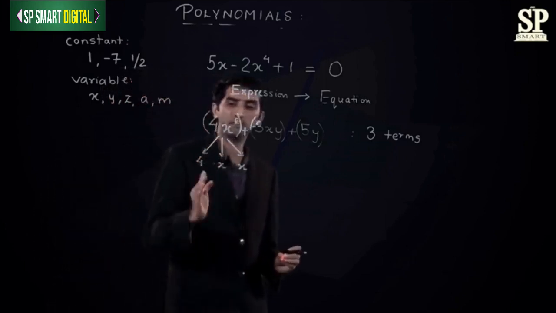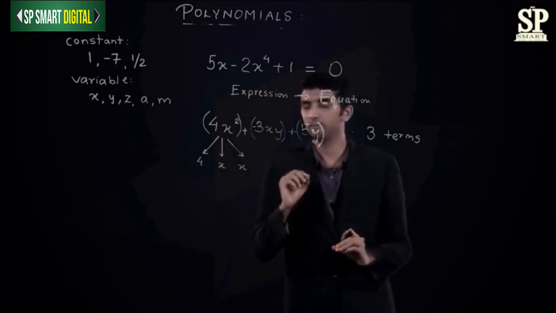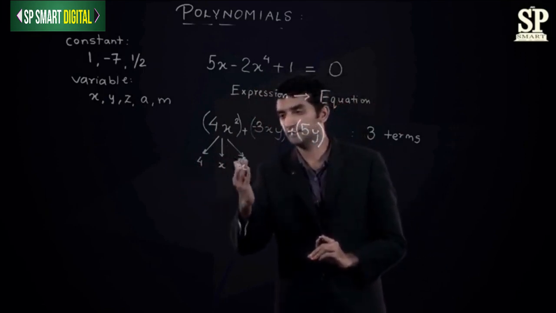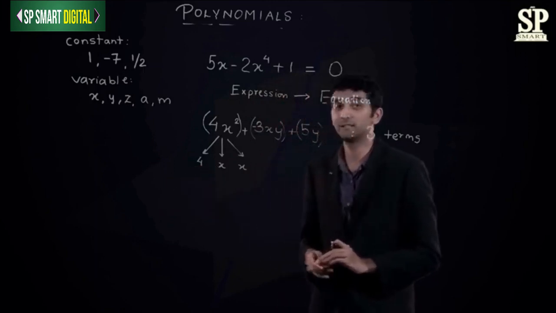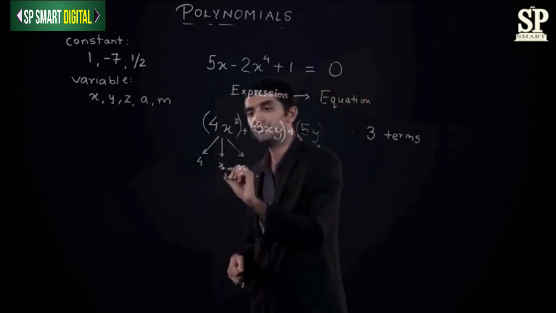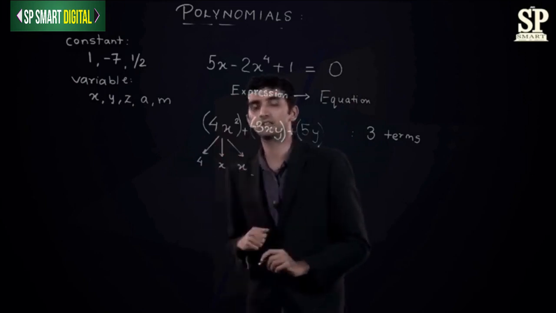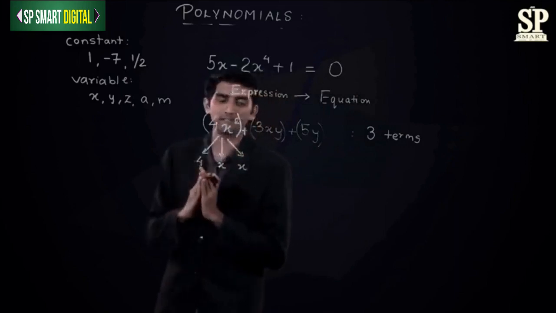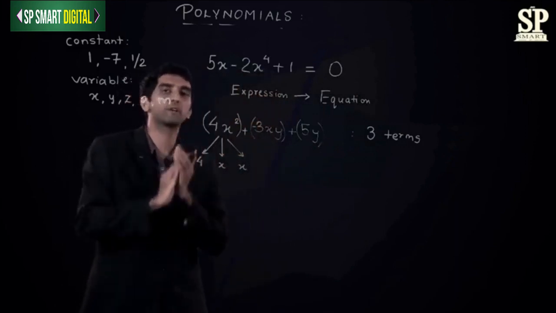So if you notice, if I multiply these three, because this is a constant and these two are variables, and the variable is x over here, I get the term 4x square. So basically what we are trying to do here is break one particular term.